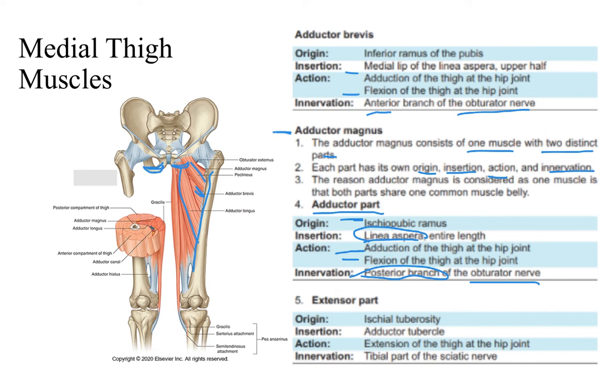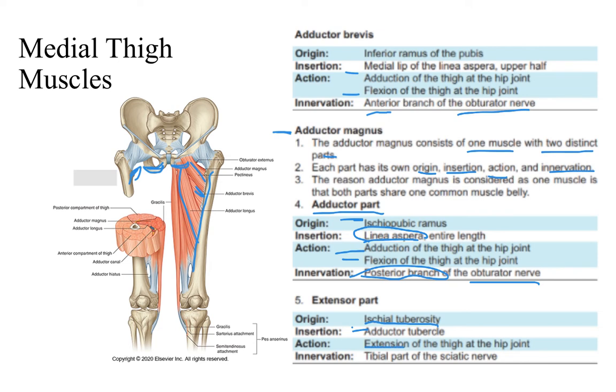All right, then the extensor part will be attached to the ischial tuberosity, so that bump back here along the ischium. Insert into the adductor tubercle within the femur and help with extension of the thigh at the hip joint.